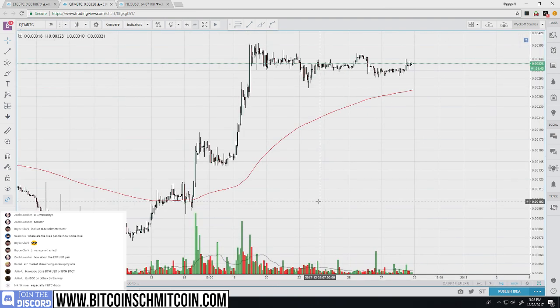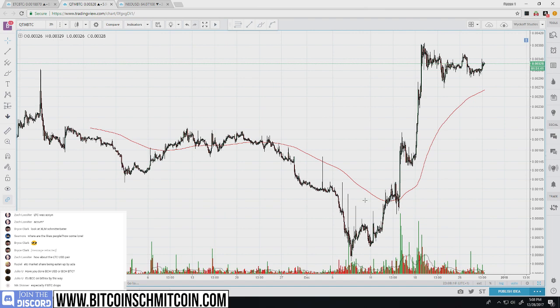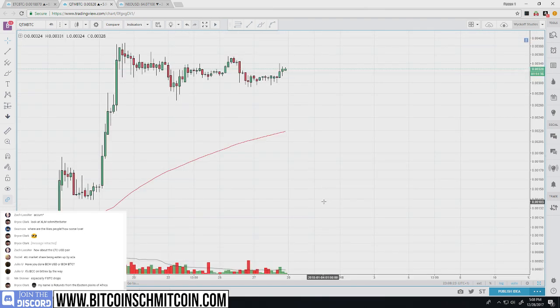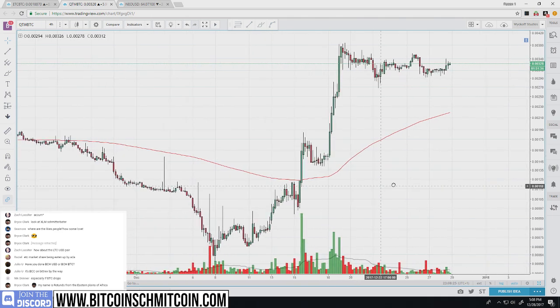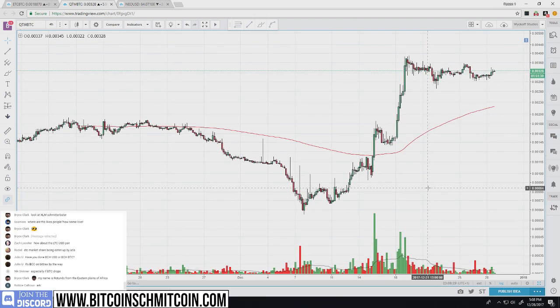Okay, so Qutum. Okay, on a macro level, that's probably too far out. Okay, so on a macro level, Qutum is seen. So this is the BTC pair.